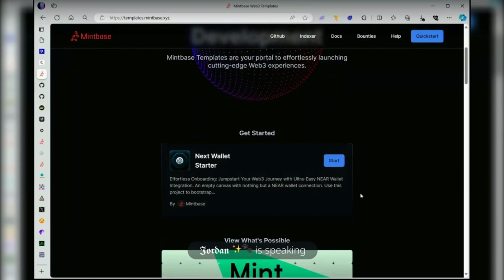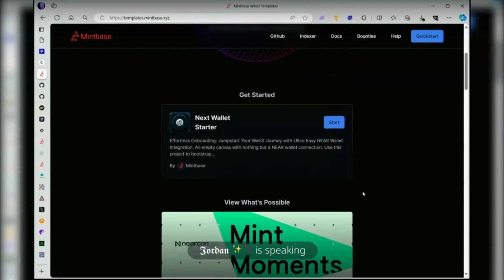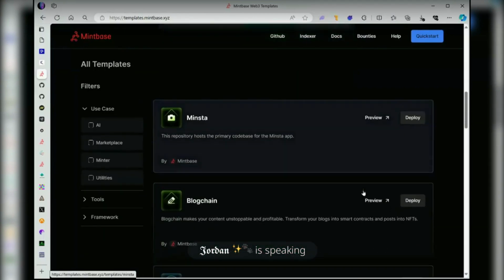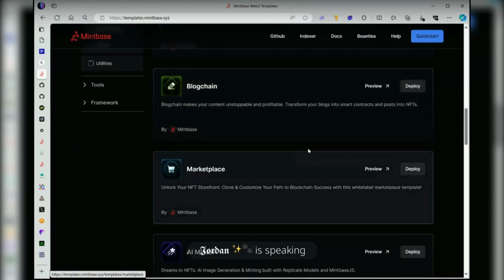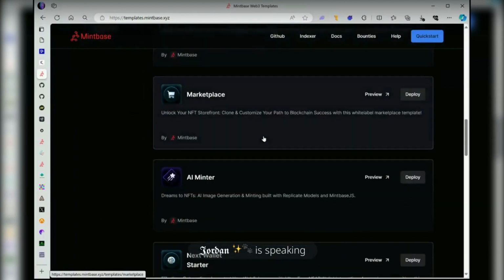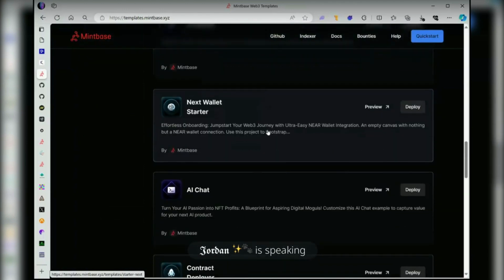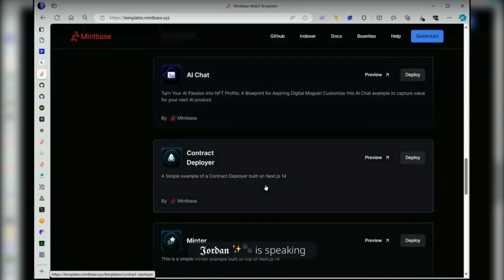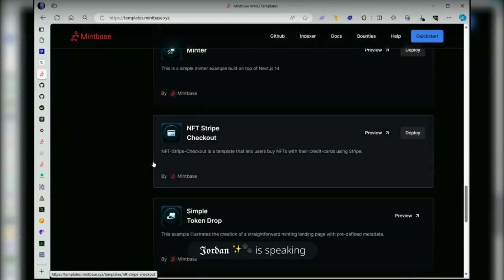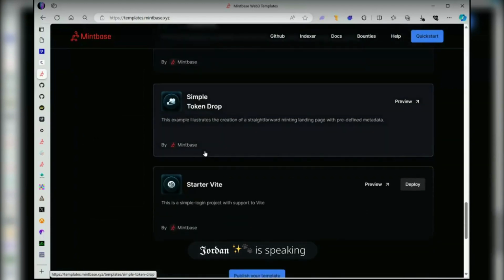So if somebody does have NFTs and they want to start adding utility around those NFTs, these templates exist so that people can easily add things like being able to blog with their NFTs, or do AI chat around NFTs, using Stripe to interact with NFTs.